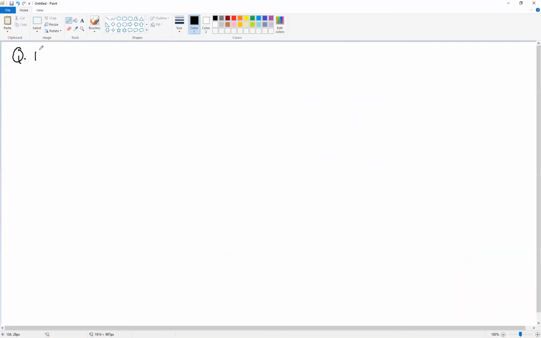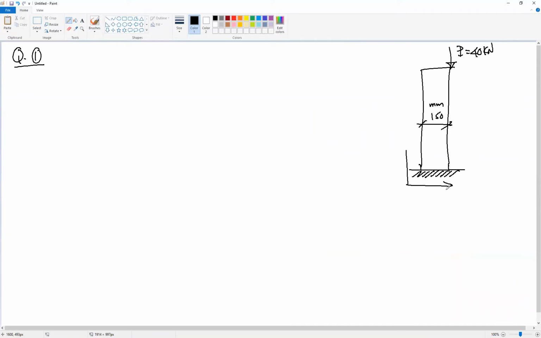So our first tutorial question today: we have a column, a vertical column. This column is fixed, and we have applied a load P equal to 40 kilonewton here, and the width of the column is 150 millimeter. Given this is the x-axis and z-axis, the cross section is a square hollow section. This is the square hollow section given.